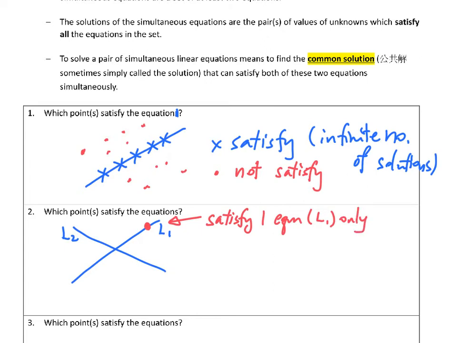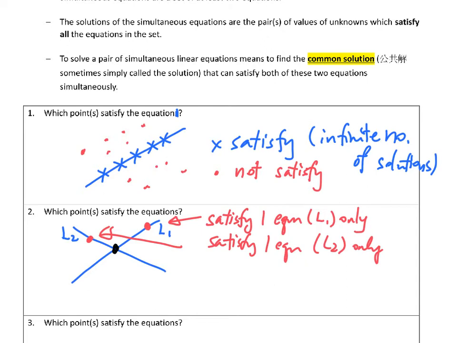And then if I say this point again, it satisfies one equation only. This one is L2. And then how about this point?